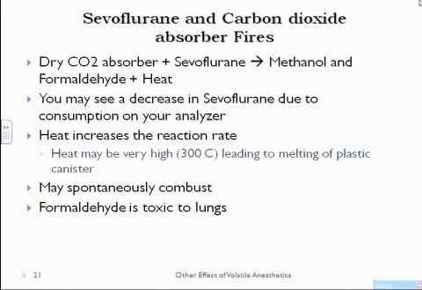The consequence of that is you see a decrease in sevoflurane on your analyzer, which would indicate that the medication is being consumed somewhere, and where it's being consumed is in the Baralyme itself. The actual reaction increases dramatically and produces a tremendous amount of heat, and it can generate as much as 300 degrees Celsius, and as a consequence can spontaneously combust and cause an airway fire in that individual, which has been reported.